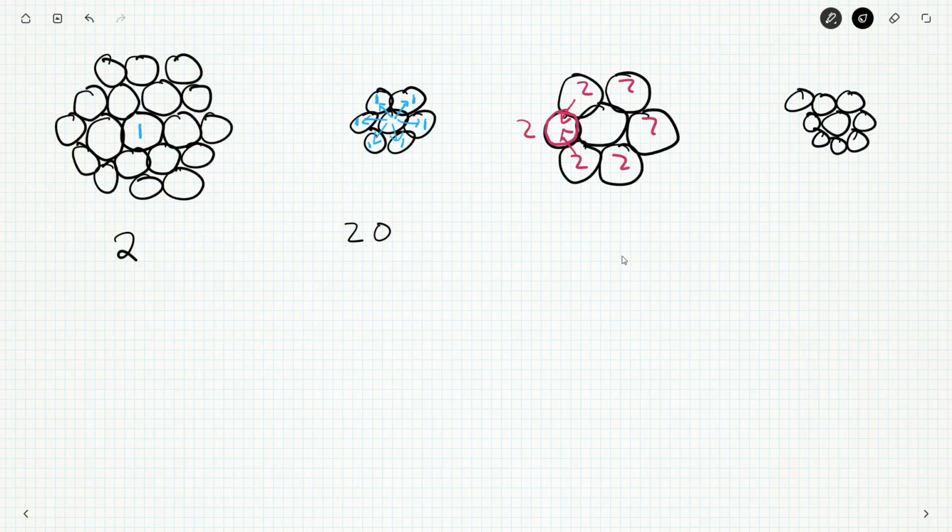I'm restarting it. This is the hexagon thing. This is not easy to draw. I don't know what it is today.